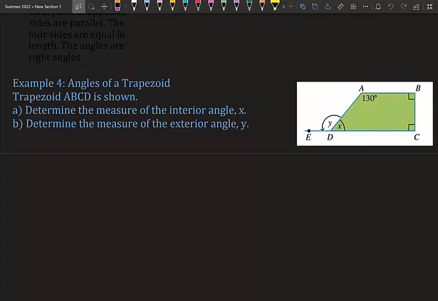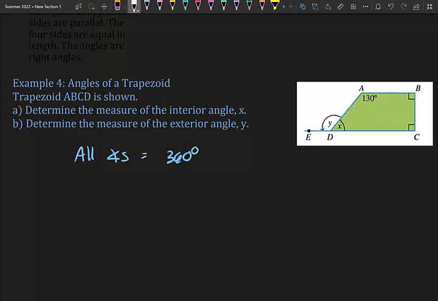Alright, we have trapezoid ABCD. See how we have four letters, four sides, quadrilateral. Let's determine the measure of the interior angle X and determine the measure of exterior angle Y. Alright, so we know a quadrilateral's angles all equal 360 degrees.